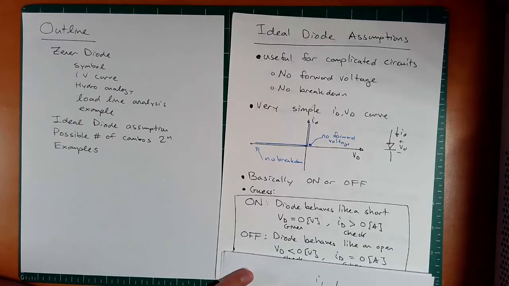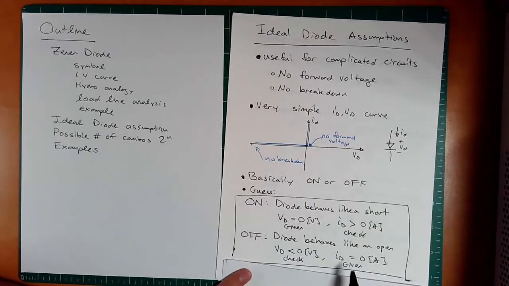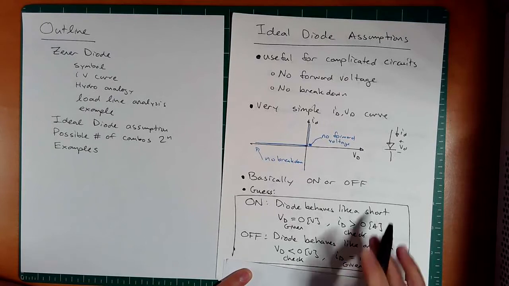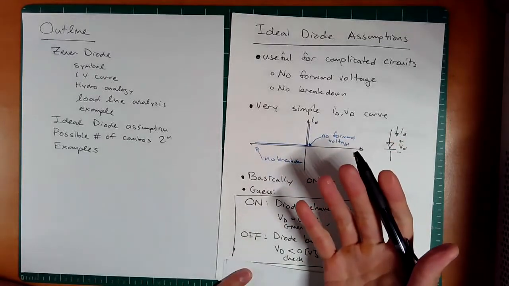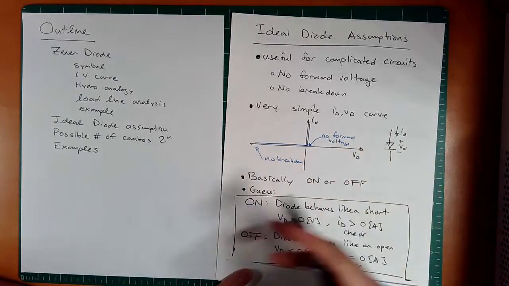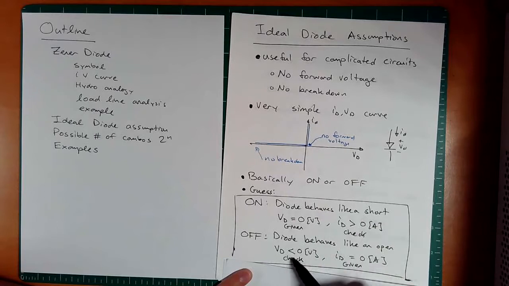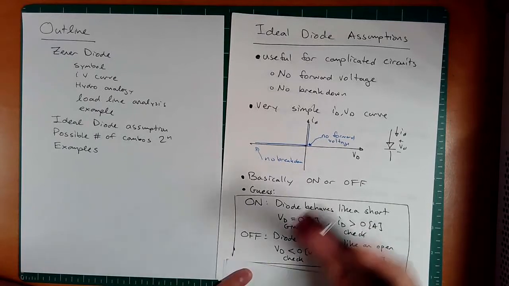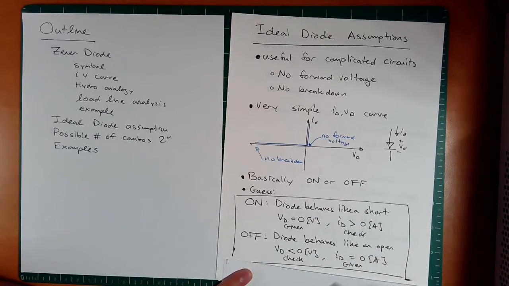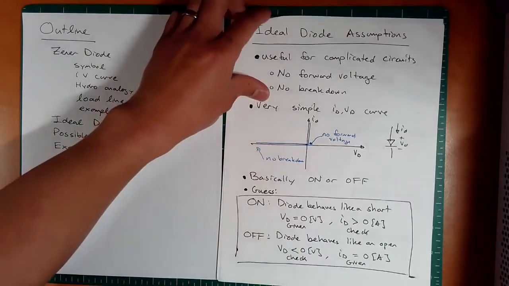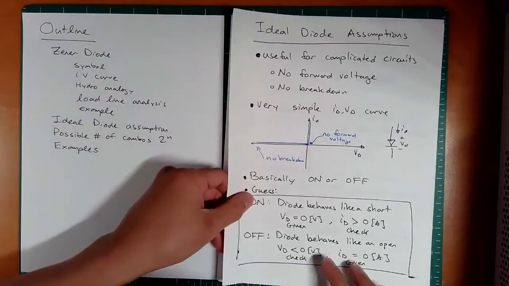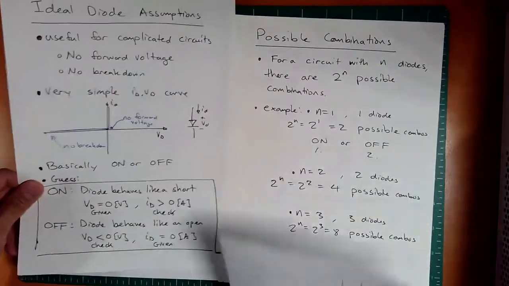If you're going to assume it's off, you will assume that the current is 0, but you will need to check and verify if the voltage is negative. And how do you do these two things? Well, you'll have to plug into your circuit and analyze your circuit and verify these two things are true. If that's true, then you can safely make these assumptions, whether it was on or off. Hopefully the examples will highlight these statements here.